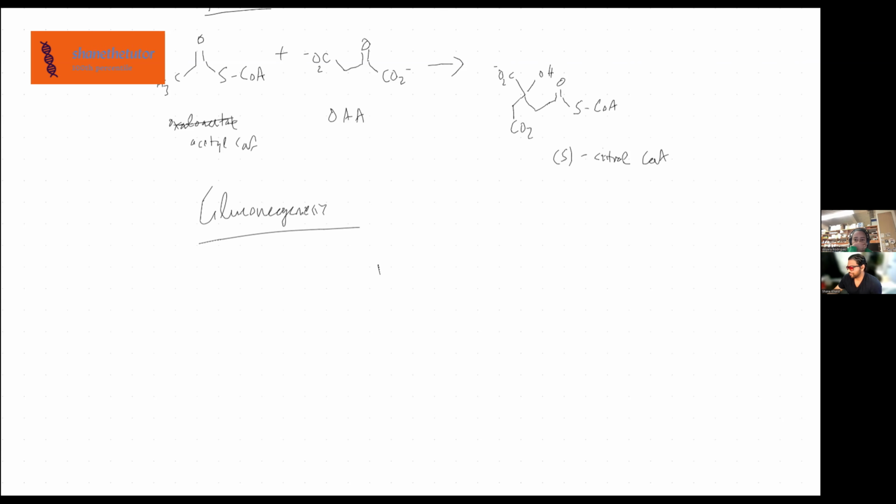I don't have to write it out, but DHAP plus GAP gives fructose 1,6-bisphosphate. So you'll see this type of reaction, aldol and retro aldol, in these metabolic pathways.